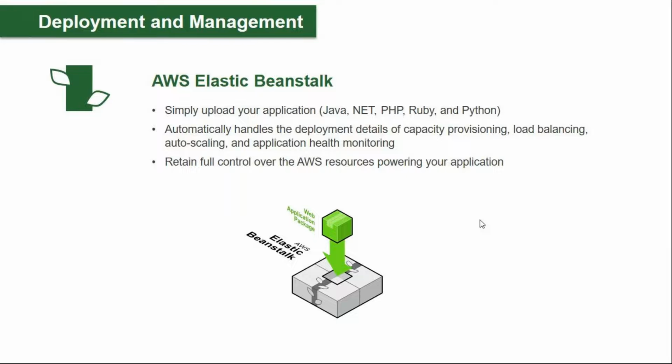You simply upload your application and Elastic Beanstalk automatically handles the deployment details of capacity, load balancing, and auto scaling. Only you need to deploy your application; it will automatically handle provisioning of the networking, and create a load balancer, auto scaling, everything. You get a seamless experience and only need to focus on your application. The rest of the infrastructure is taken care of by Elastic Beanstalk.